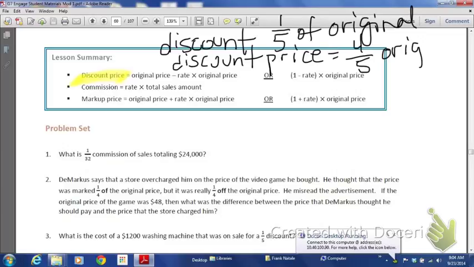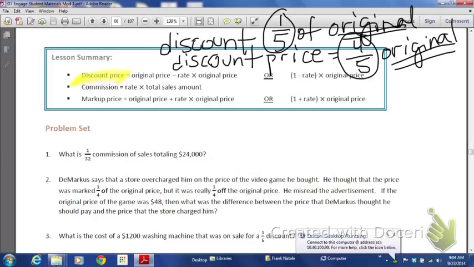Okay. So your discount plus your discount price is always going to equal 1 whole. Okay. So if you have an original price, if you add those two together, it's going to be the original price.